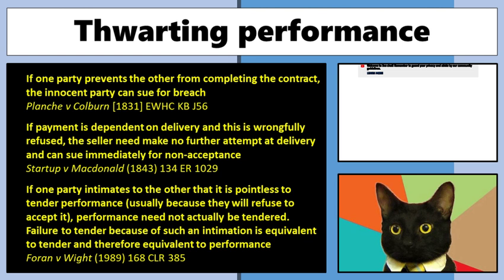There's an implied term in all contracts. When you come together, have a meeting of minds that you can exchange consideration, that you're not going to actively work to try and undermine the other side performing their side of the bargain.